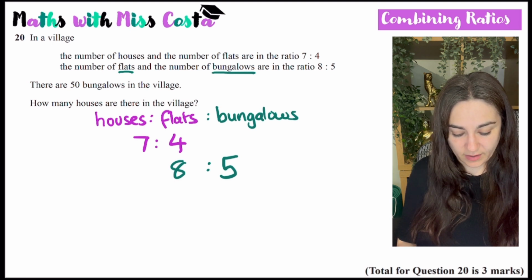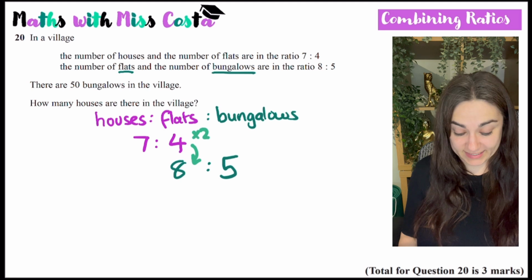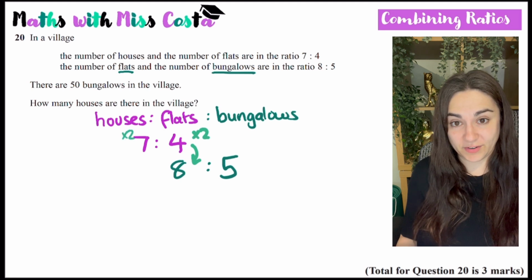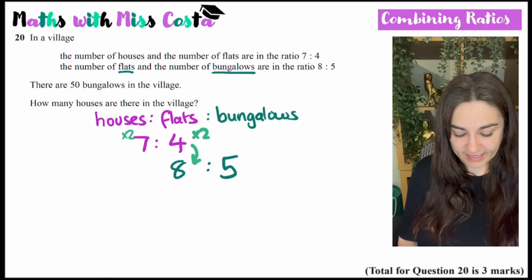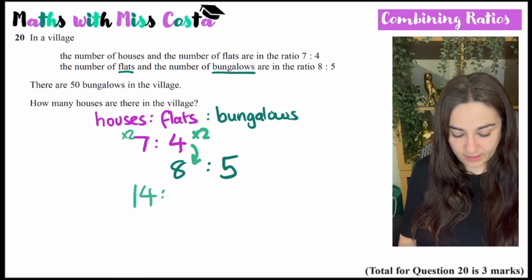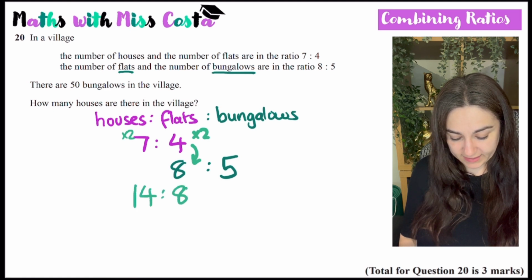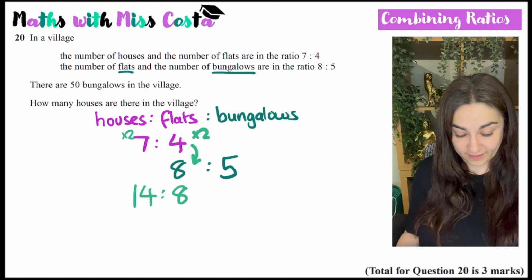So I want to see, okay, I've got 4 over here. What do I need to do to turn this ratio so it's equivalent to 8? Well, if I multiply 4 by 2, that gets me a ratio of 8. So I do the same over here. So 7 times 2 is 14. 4 times 2 is 8. So I then end up with 2 ratios that I can compare.